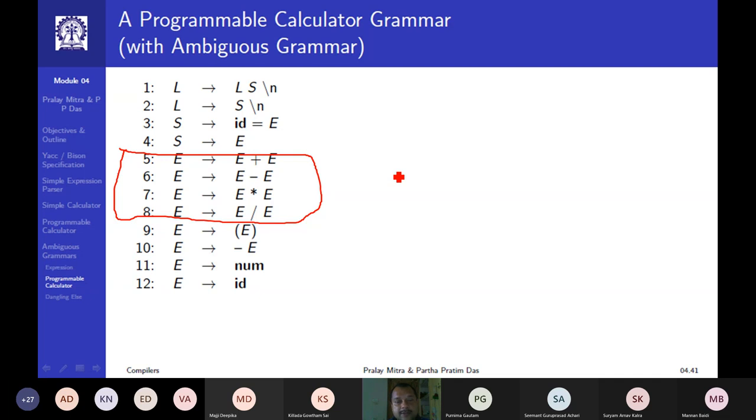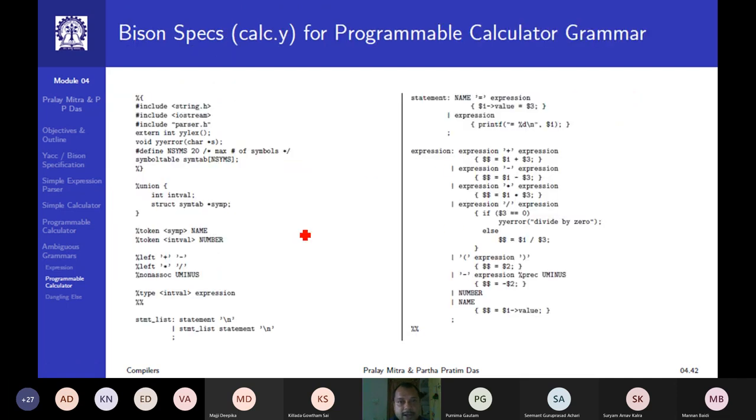Then you know how to implement this grammar using Bison. Corresponding to each production rule, you have to write, say, for the statement list: statement list concatenated with statement followed by within single quote \n. Like that way you can write all the 12 production rules. The same thing I wrote here. Starting from here, look at this part.